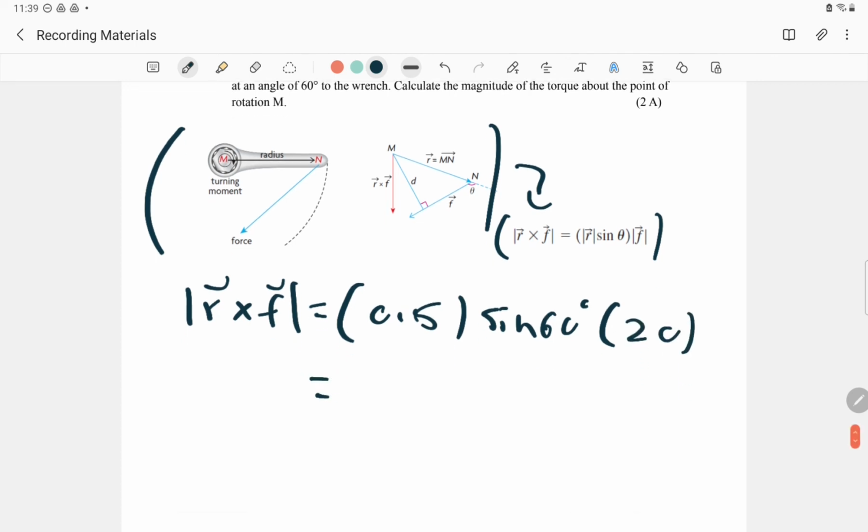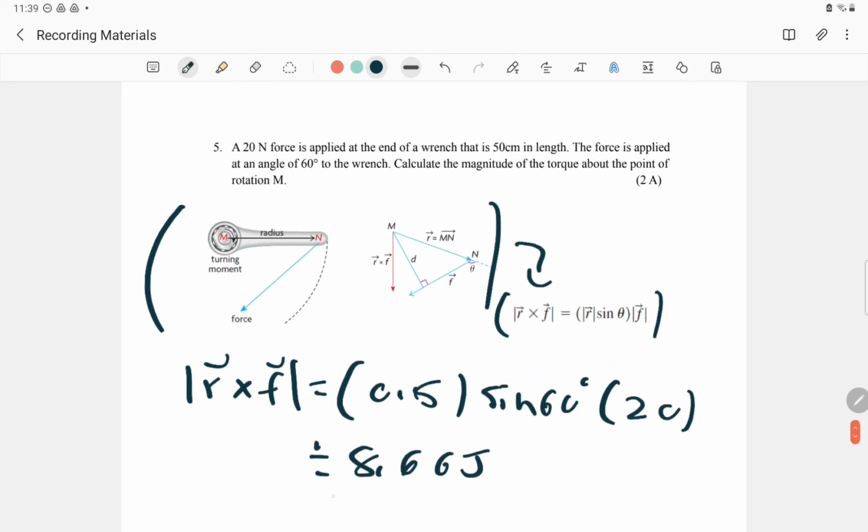And the answer that we'll be getting is approximately 8.66 joules, which is the magnitude of the torque.